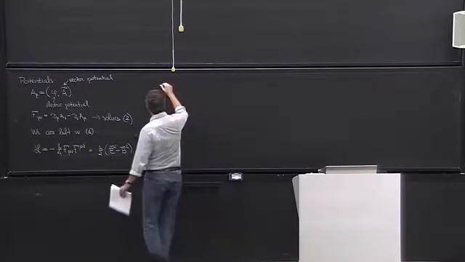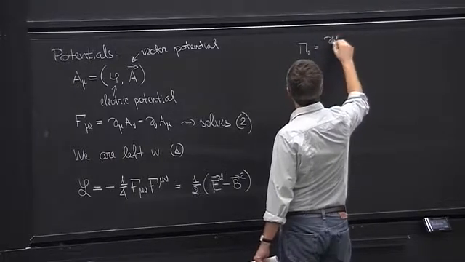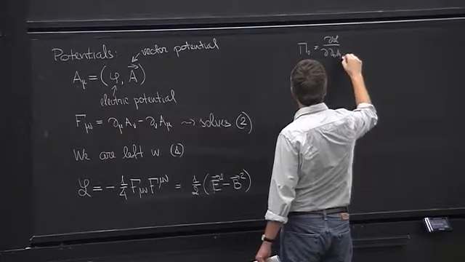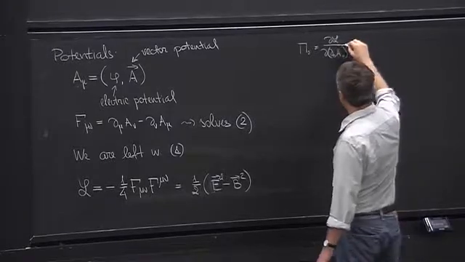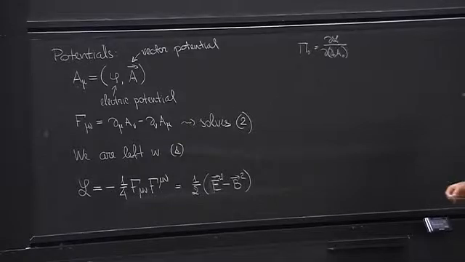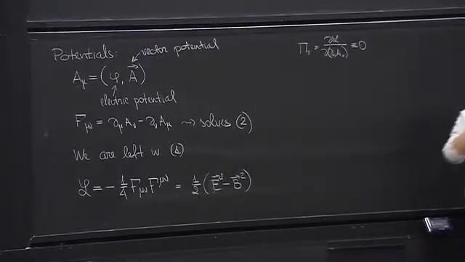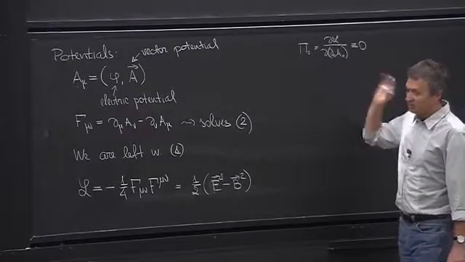In other words, if we would try to define Pi0 by the usual equation like that, so this would be the canonical momentum associated with A0, then we'll just get 0. So there is no momentum associated with the zeroth component of the potential. And so the A0 has a different interpretation.